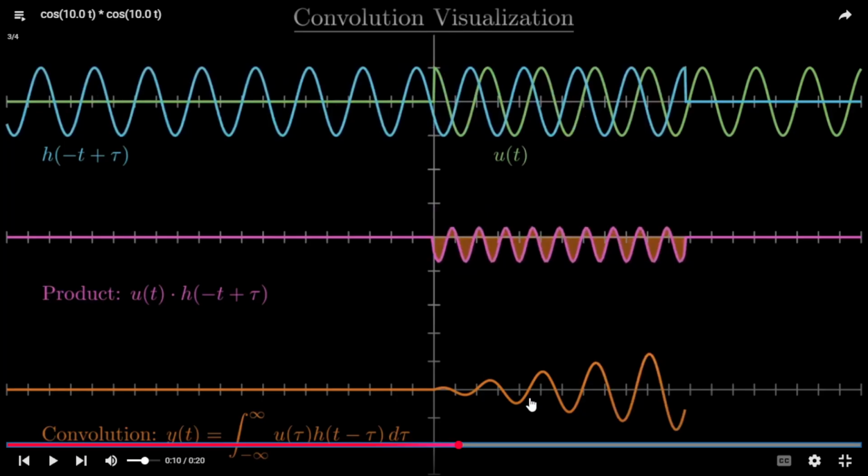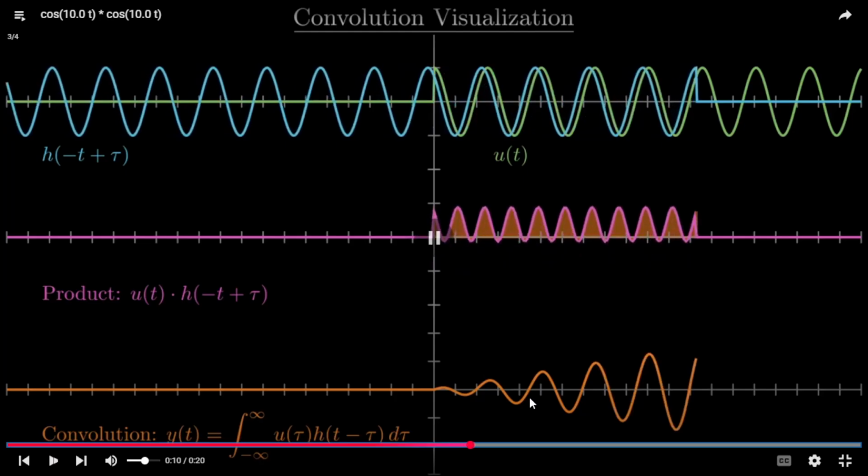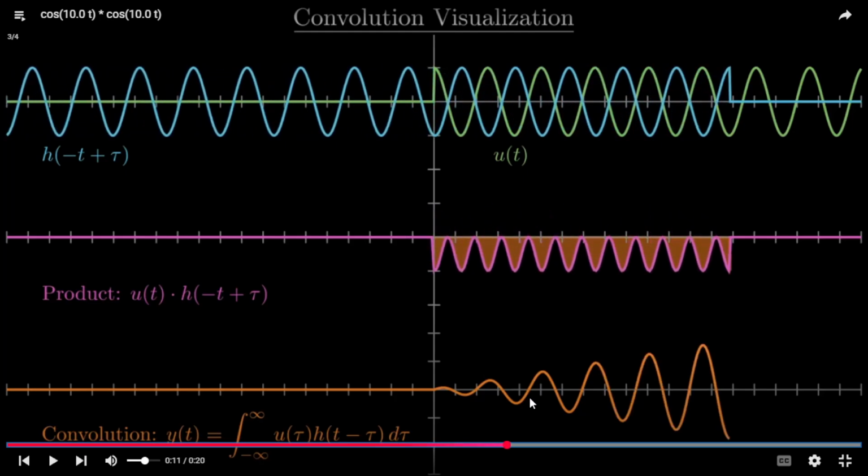I see puzzled faces. Do you see what I mean? This area here, if I take this one and repeat it everywhere, and I take the integral from minus infinity to plus infinity, what do I get? Minus infinity. True? Also, this one is minus infinity. Bigger minus infinity. Do you see it?